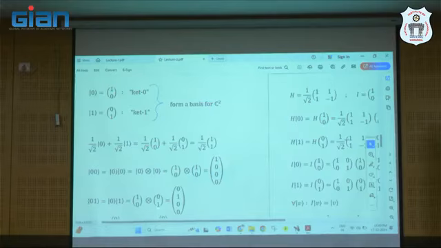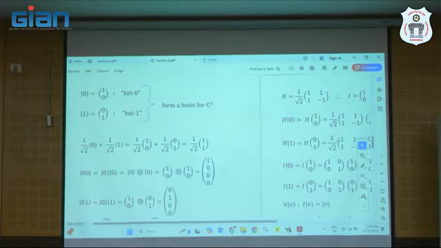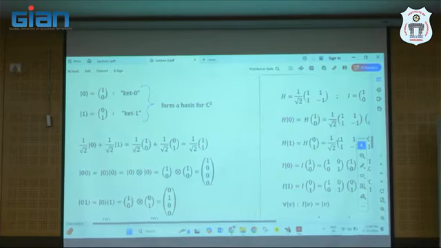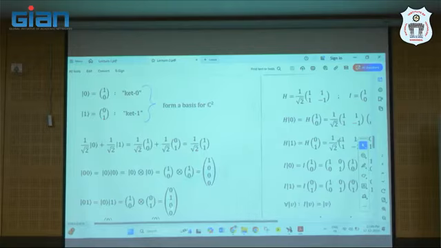When we are doing 1 0 tensor 1 0, what was happening? 1 followed by 1 0, 1 followed by 0 0, 0 with 0, everything 0. 1 with 0 1 you will get just 0 1, and 0 with 0 1 will get 0 0. So for 0 0, we are getting this vector with 1 in the first place.